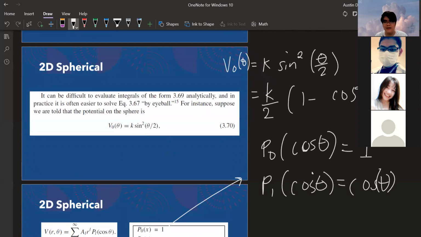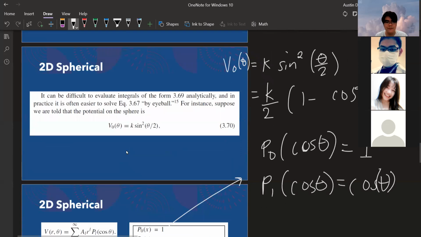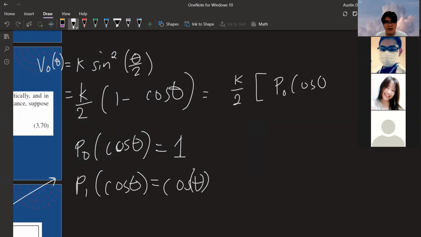Okay. So, I can just write this as K over 2 times P0 of cosine theta minus P1 of cosine theta. Okay?